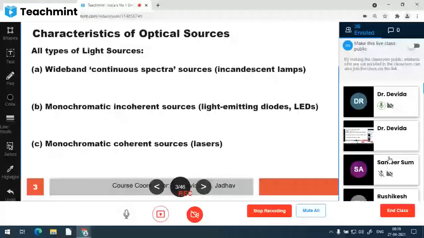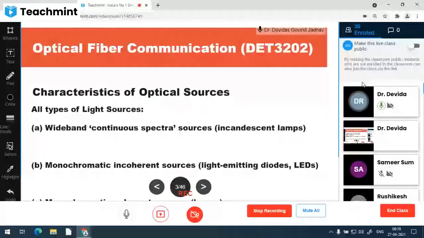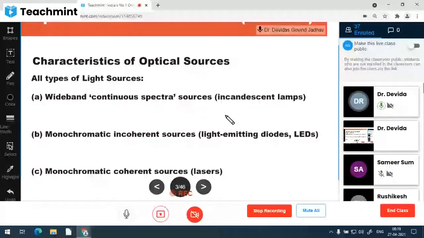Next is the characteristic of optical fiber optical sources. Optical sources are of three types. First, continuous spectral sources, which are having white light, all the wavelengths are there in the emitted and radiated wavelengths. An example is the incandescent lamp.